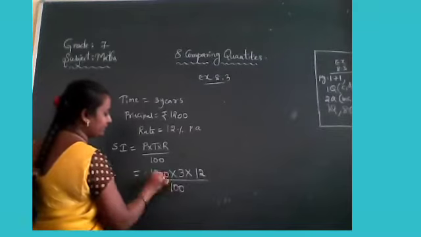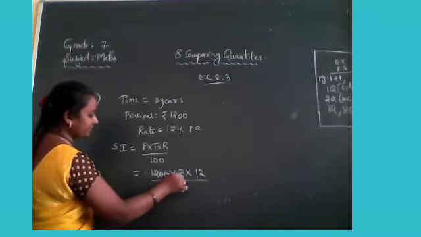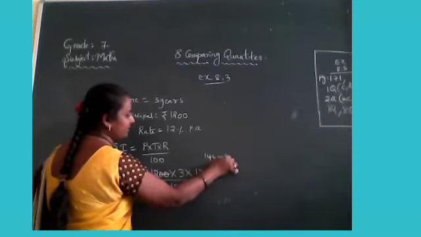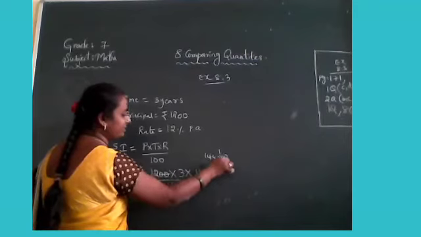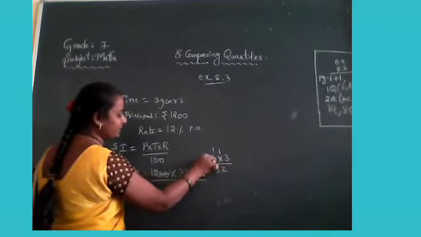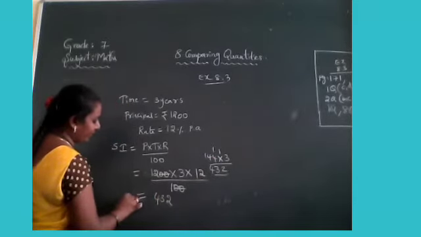Okay, so zeros cancel. So 12 into 12, that is 144, into 3. So 3 fours 12, 3 fours 12 plus 1 is 13, 3 ones 3, 432. This is the interest.